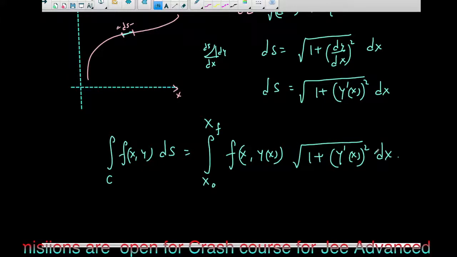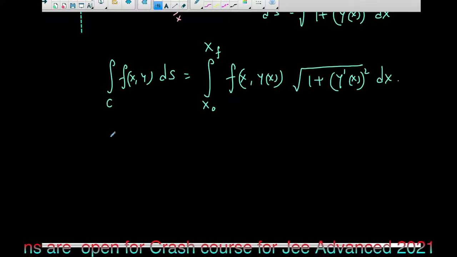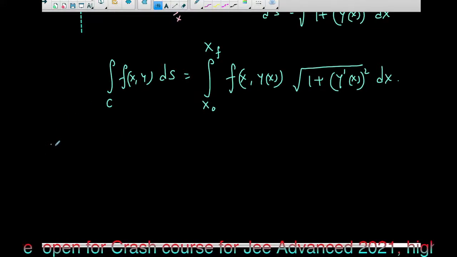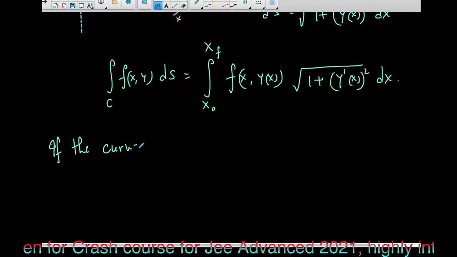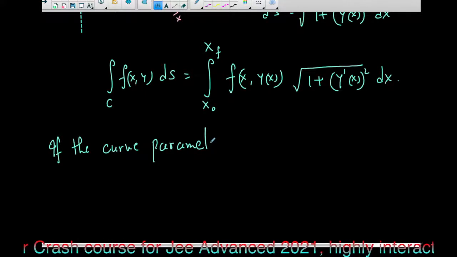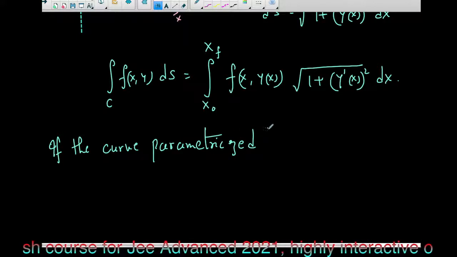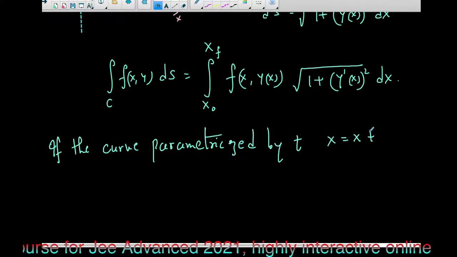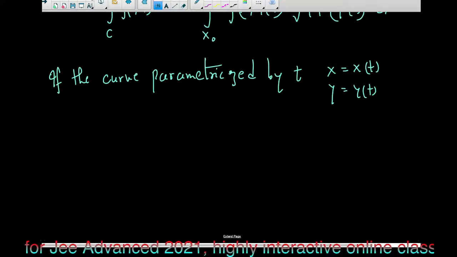But if the curve is parameterized by t, any real parameter, let's say t, then x is equal to some function x of t, and y is a function y of t, some parameter relations given between x and y.